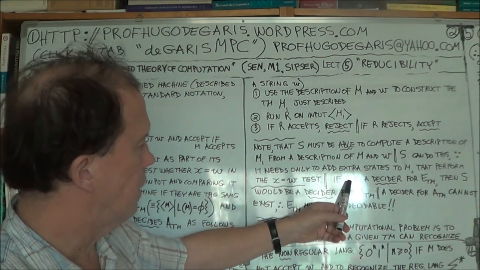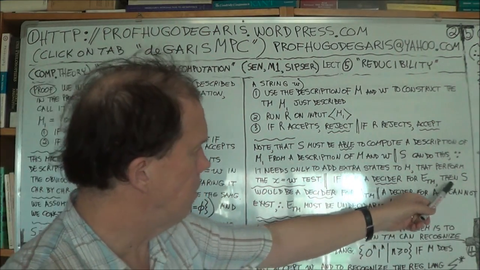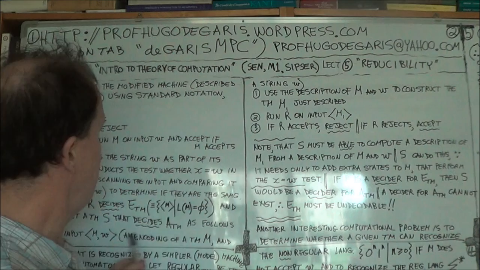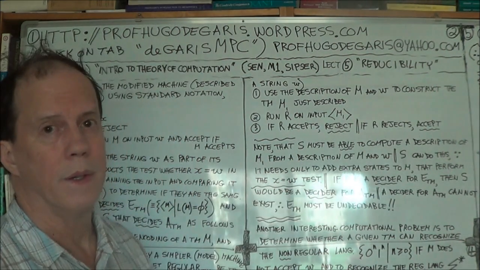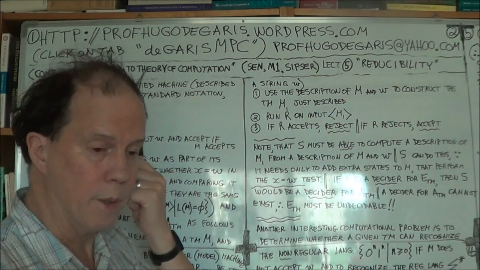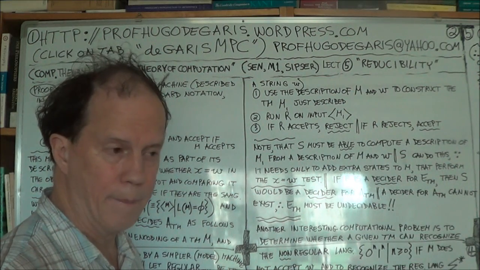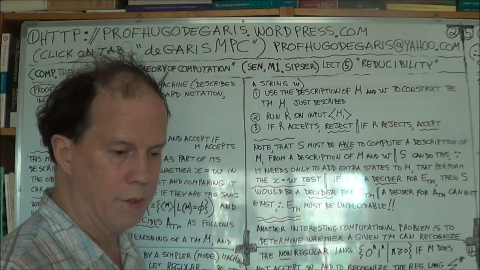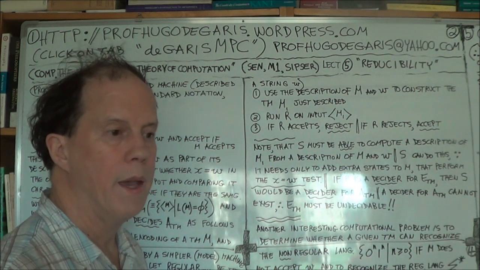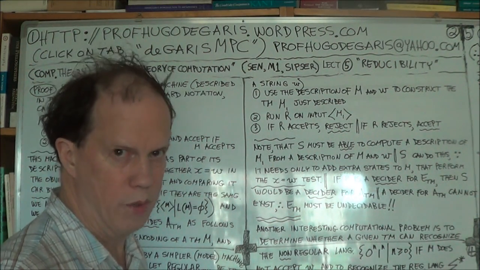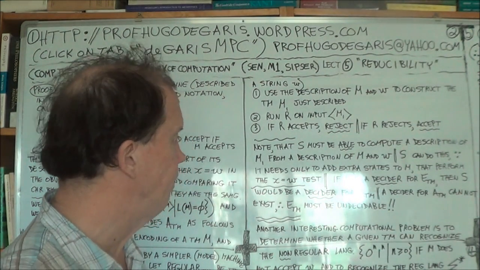Now the essence of the proof. If R is a decider for that, then we come to the conclusion that our S here either rejects or accepts. So that means it halts. So that means that S is a decider. So that Turing machine S decides the language ATM, and that's a no-no because we know ATM is undecidable, right?